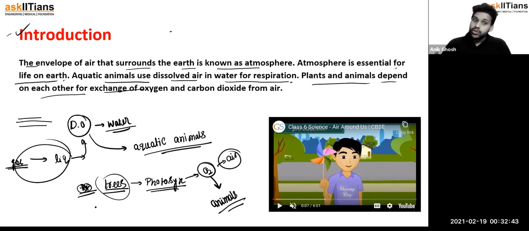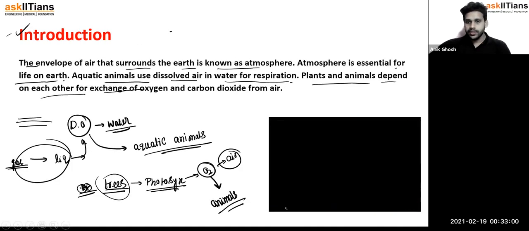So we need to keep that balance between the number of animals and the number of trees. We need to keep the oxygen concentration in mind, that we need to keep on planting trees, isn't it? Okay. Now let's watch this video to understand this part a little bit better.